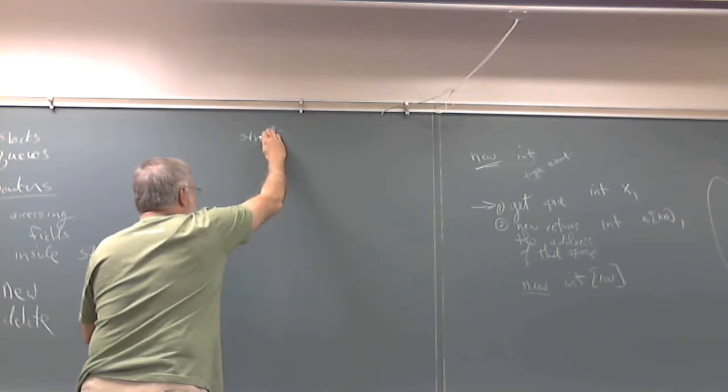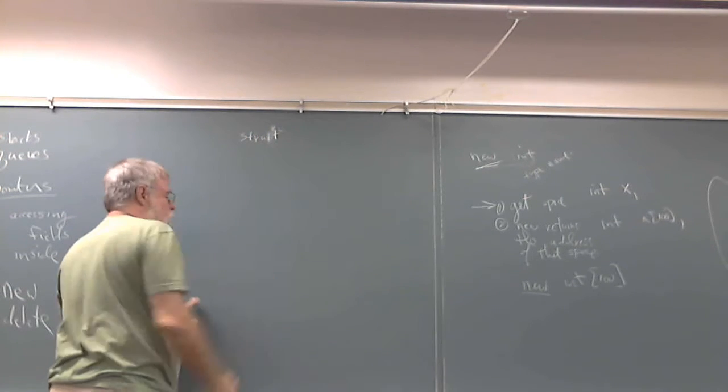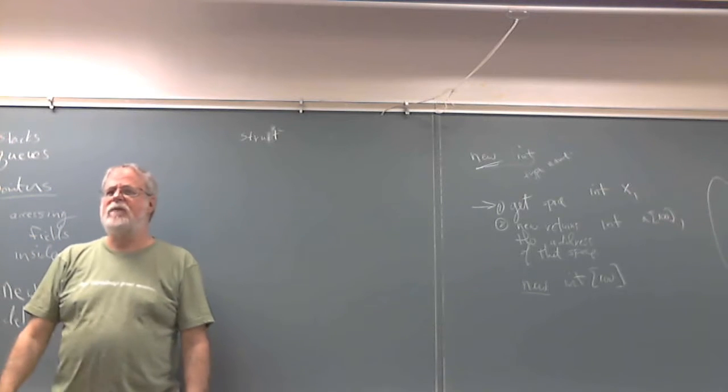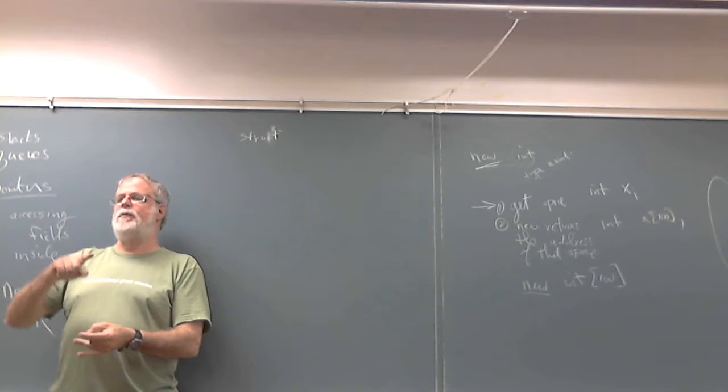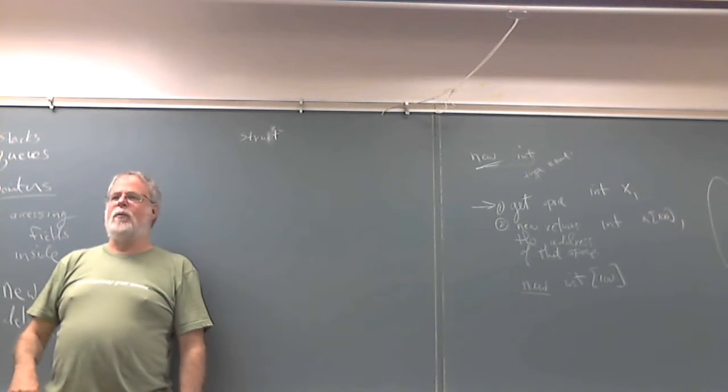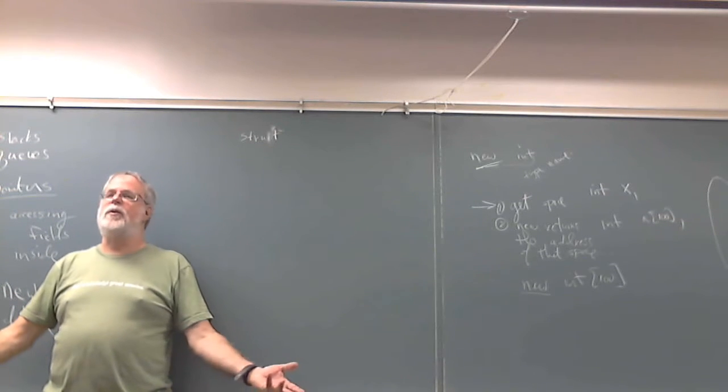So what's a struct? Say I want to keep information about you and you and you. I want to keep your name, your student number, your grade on the midterm.